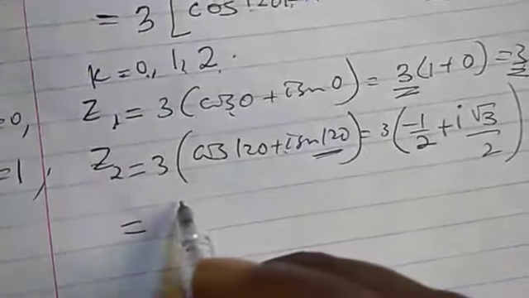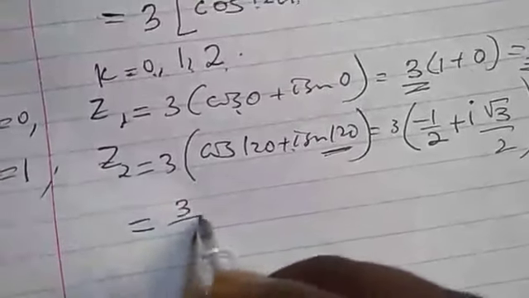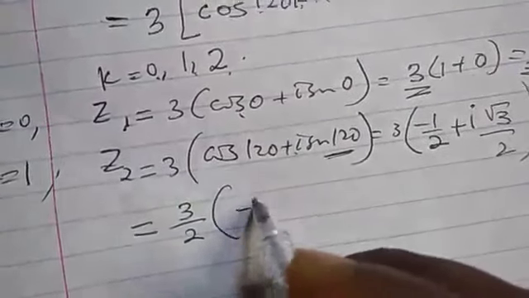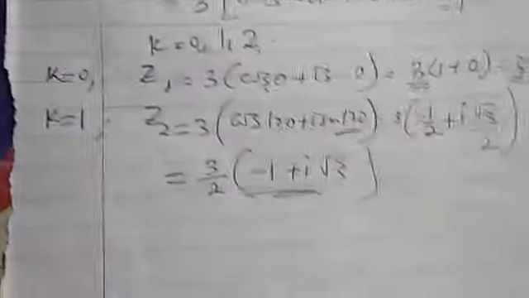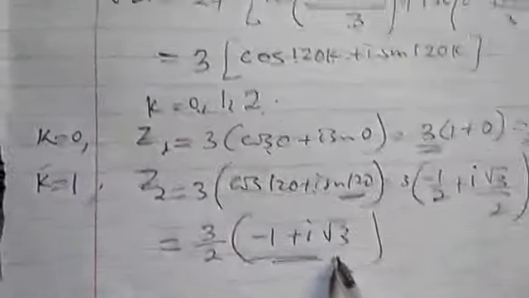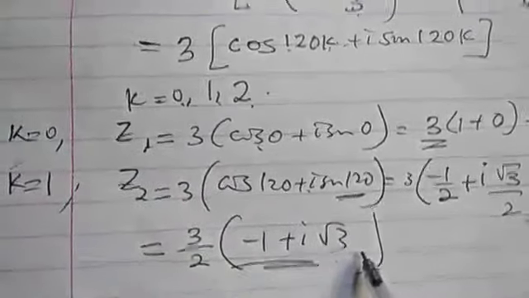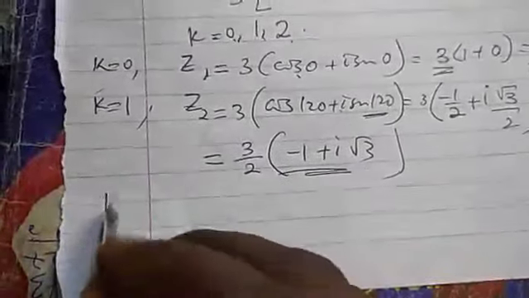So we can bring the 3 out, and the 2 out, that will be 3 over 2 into minus 1 plus i root 3. So it's our answer. This is another cube root of 27, because if you find the cube of this, it will give you 27.